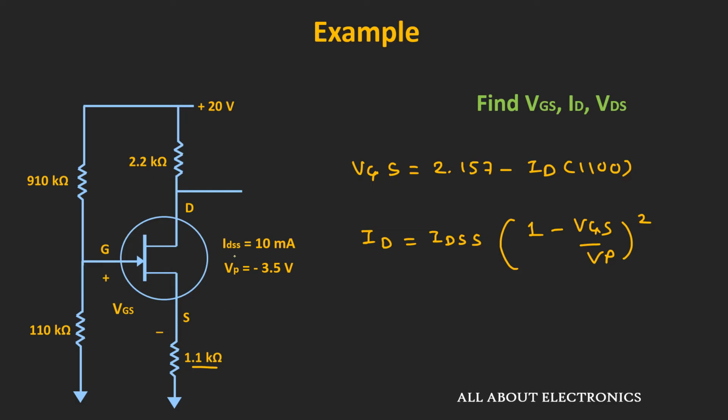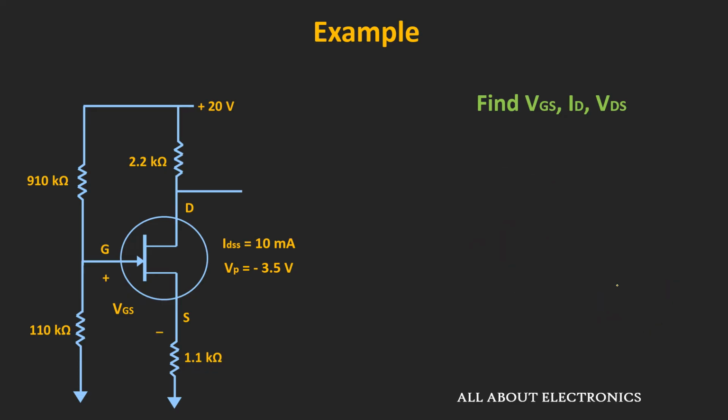Here IDSS is equal to 10 milliampere, while the pinch off voltage VP is equal to minus 3.5 volt. That means this drain current ID is equal to 10 milliampere times (1 minus VGS divided by minus 3.5) whole square.